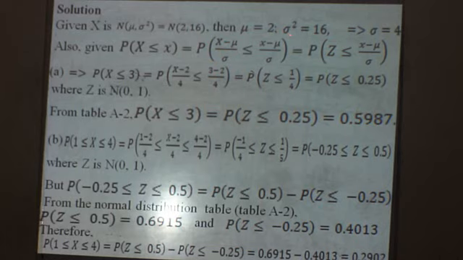Since the standard deviation is the square root of the variance, we take the square root of 16, and we end up getting the standard deviation 4. So in all our denominators, we are going to deal with the 4.